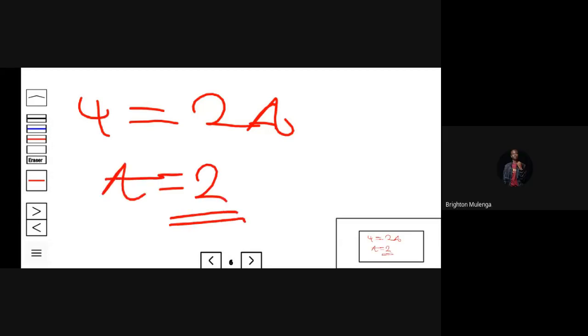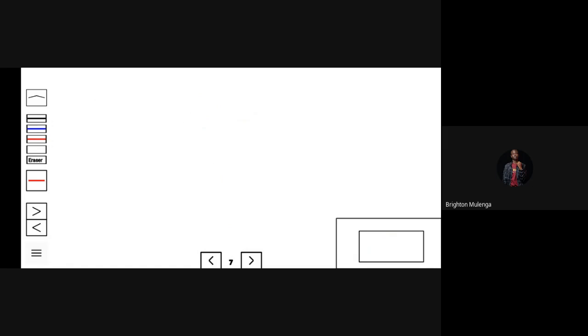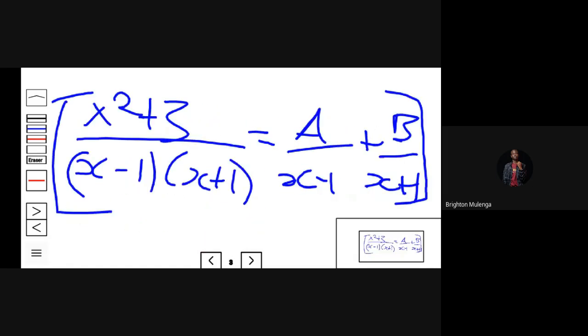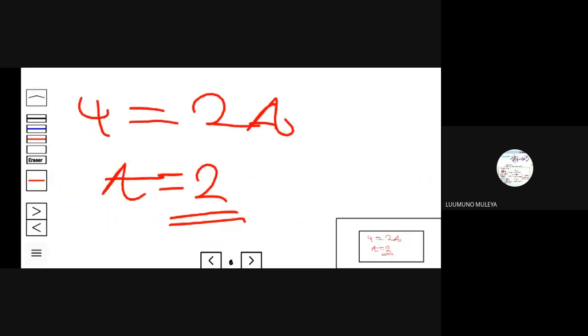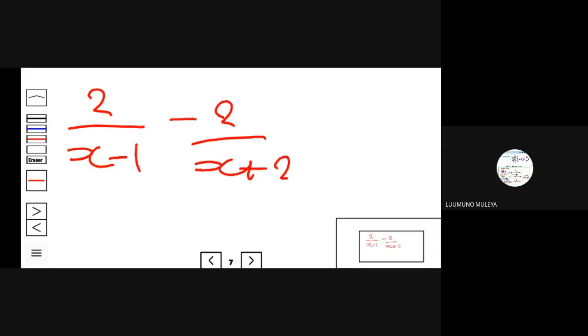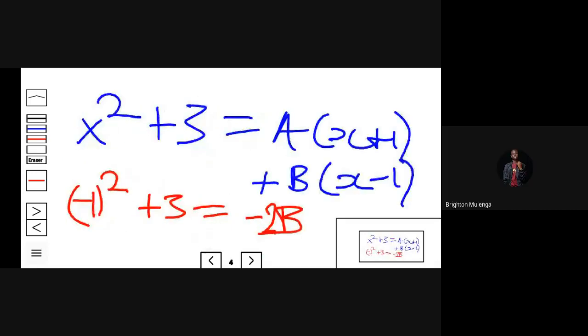So our A we got 2, right? And then B we got negative 2. So we have 2 over x minus 1, minus 2 over x plus 1. Yes, Doc.